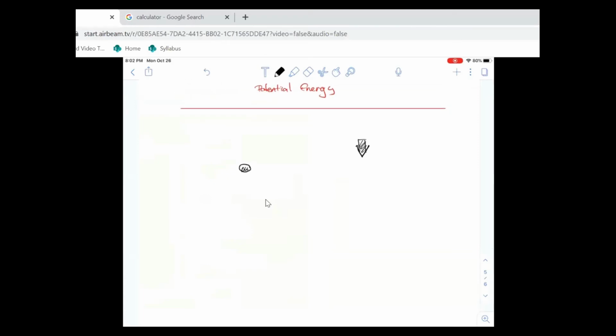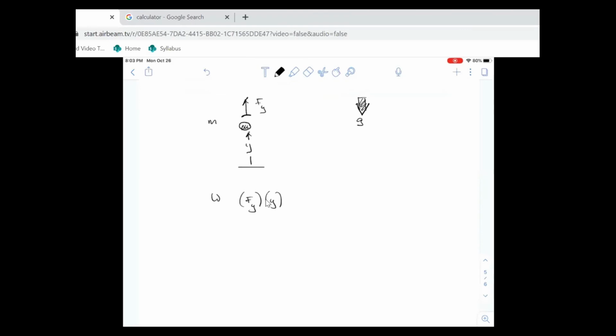All right, so the potential energy is the amount of work that you do in lifting something up against gravity. I'm displacing it along this direction by applying a force on it along the same direction, and it's got mass. So the amount of work that I do in lifting something up is going to go into the potential energy of the object.